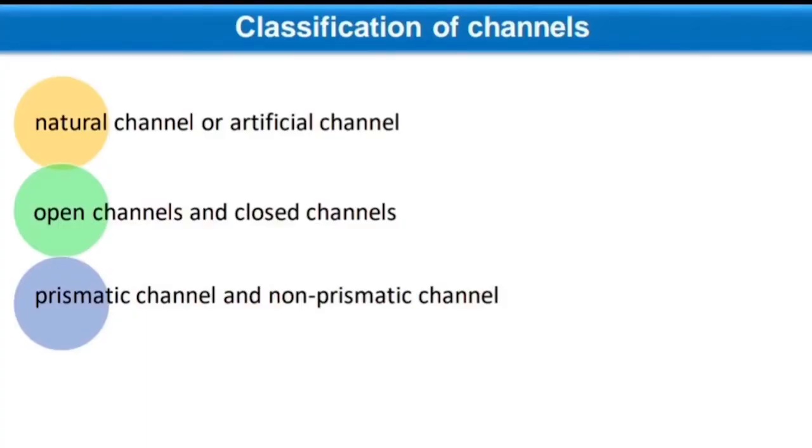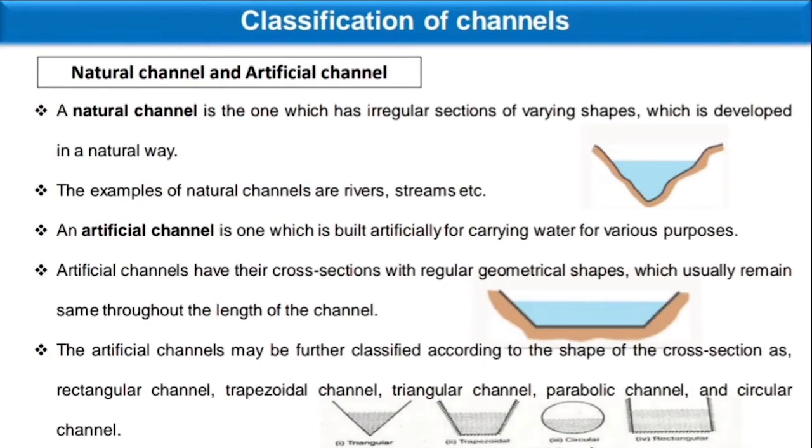Classification of channels. Mainly, there are three classifications: natural channel or artificial channel, open channels and closed channels, prismatic channel and non-prismatic channel. Channels which are developed in a natural way are called natural channels. It has irregular sections of varying shapes.